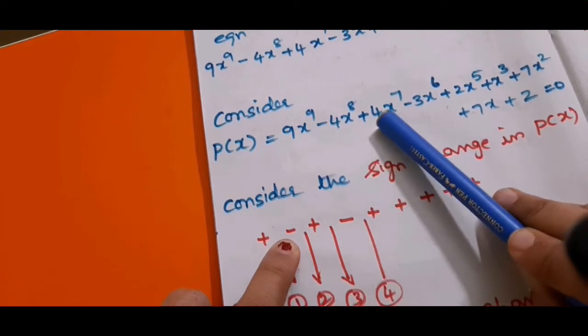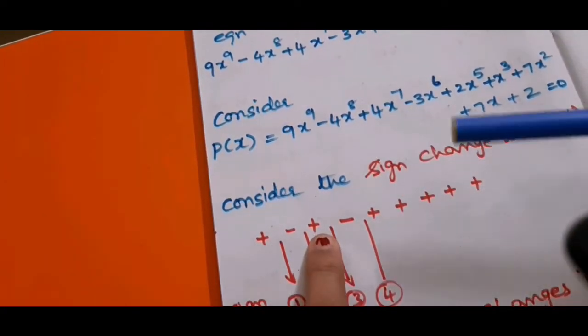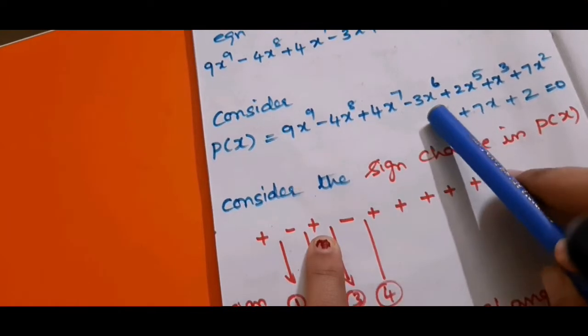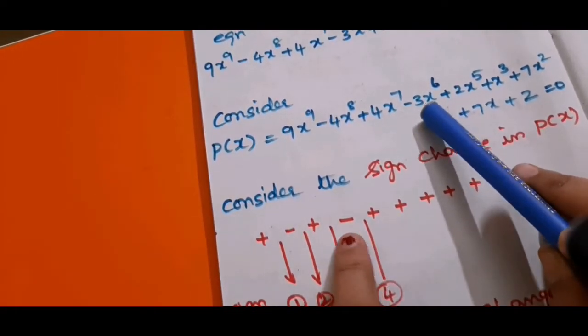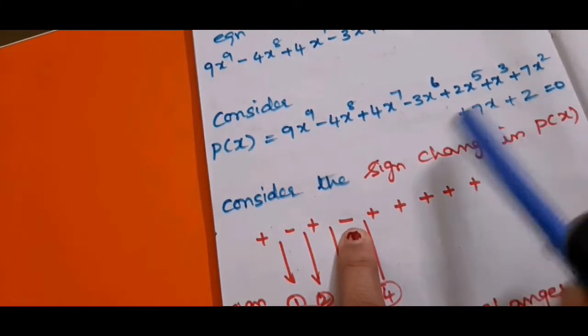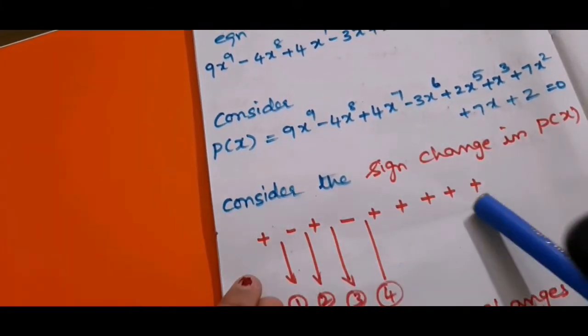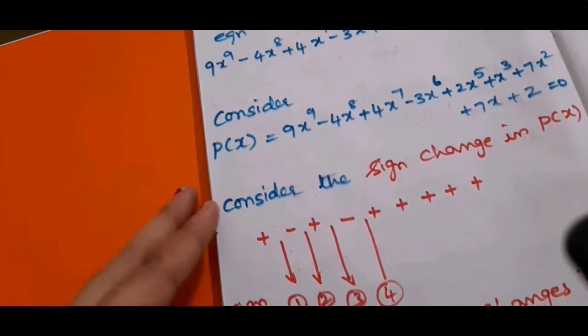What is the sign of this coefficient? Positive. Then the next term is minus 3x power 6. What is the sign of this coefficient? Minus. Whatever sign you have, you write that sign here, the sign of each coefficient.